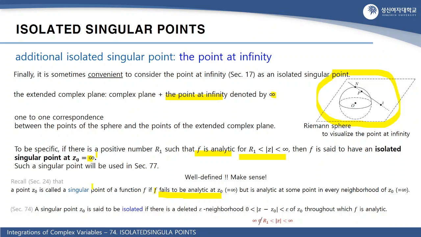In our case, with the point at infinity, when z0 is replaced by infinity, this statement holds. f fails to be analytic at the point at infinity, because at the point at infinity we cannot evaluate any function f.